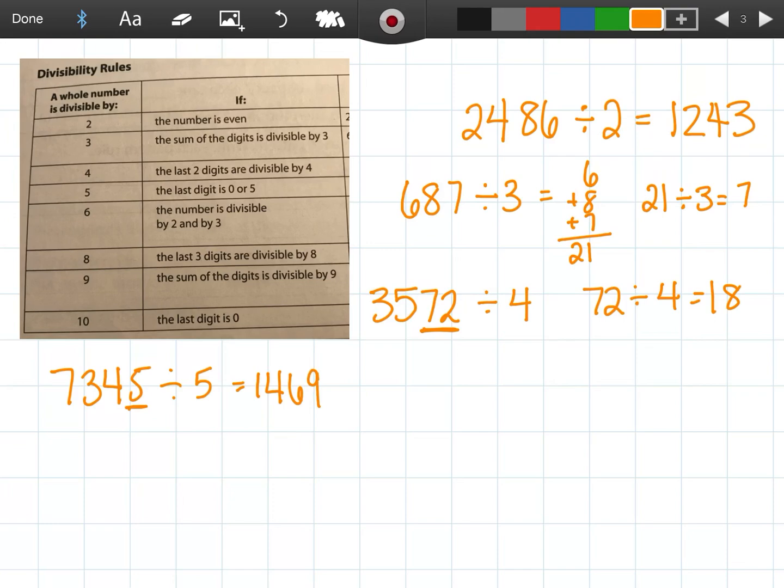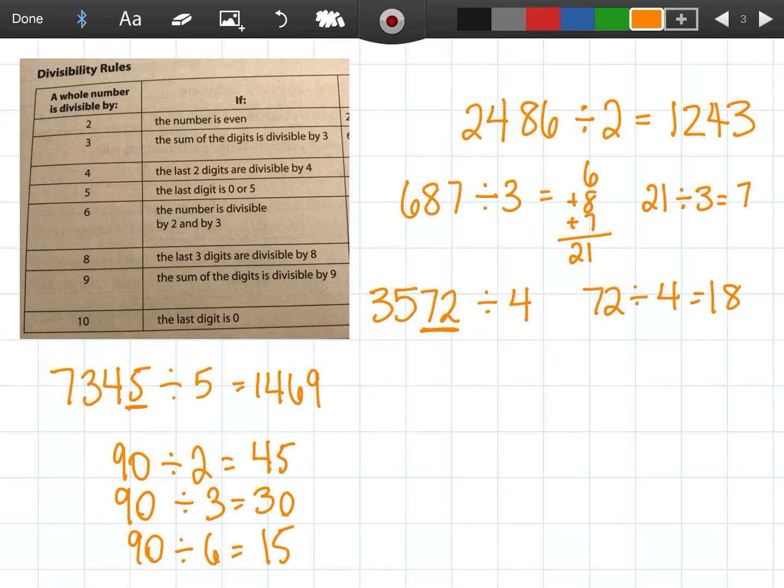So for example, if we look at 90, you can divide 90 by 2, which gives you 45, or you could divide it by 3, which gives you 30, and actually 90 divided by 6 gives you 15.